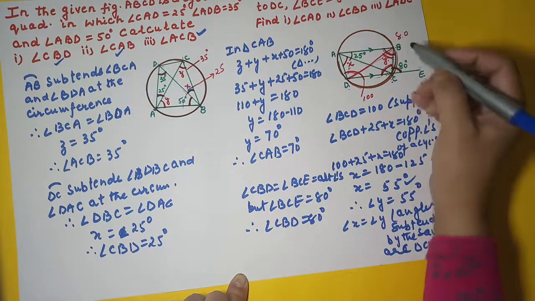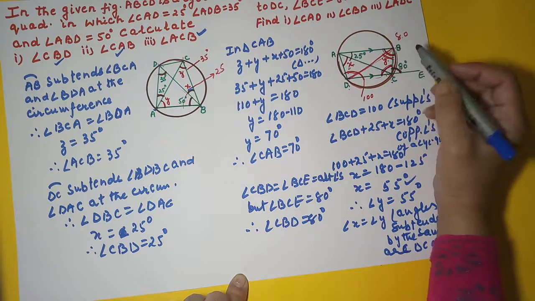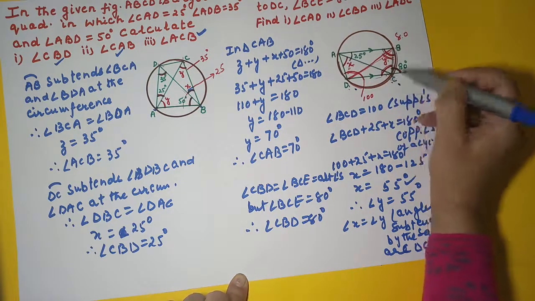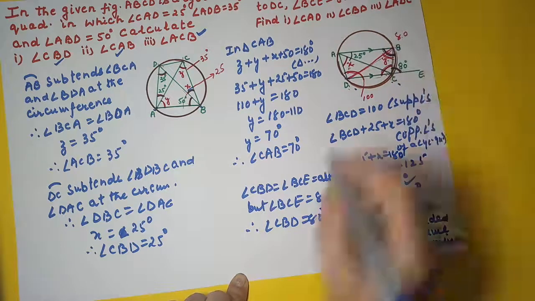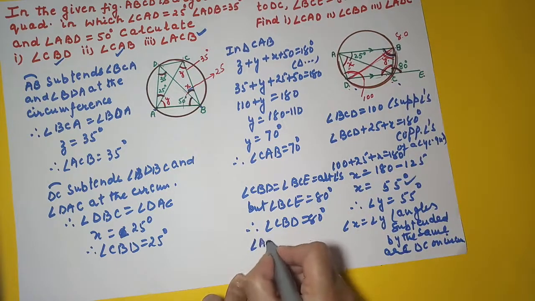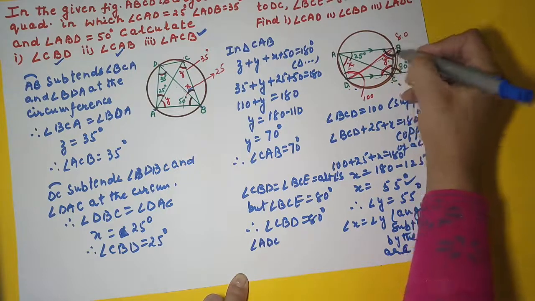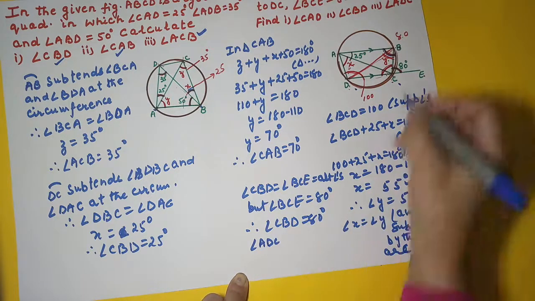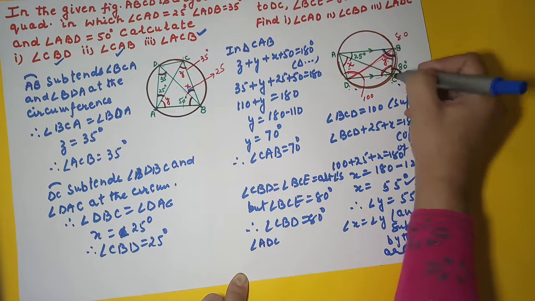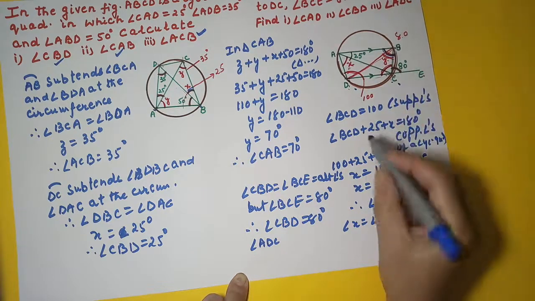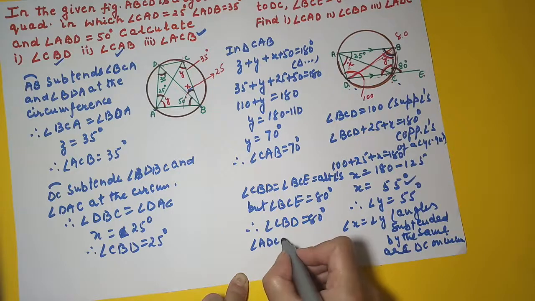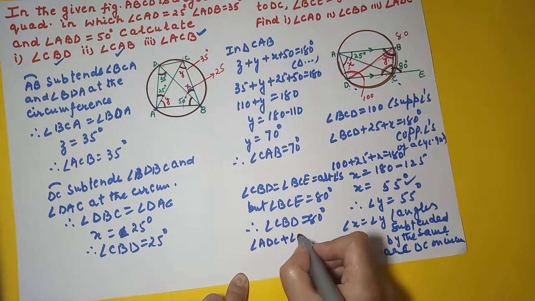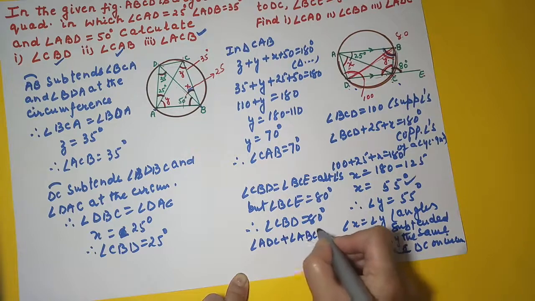Then you had to calculate angle ADC. So how will you calculate angle ADC? Angle ADC plus this entire angle is how much? 100. Okay, so we have already written that BCD is 100. So, okay, ADC plus angle ABC is equal to 180.